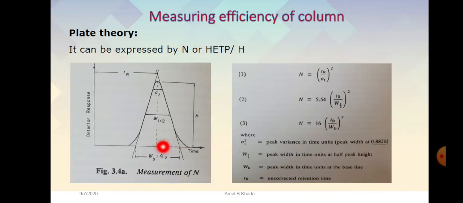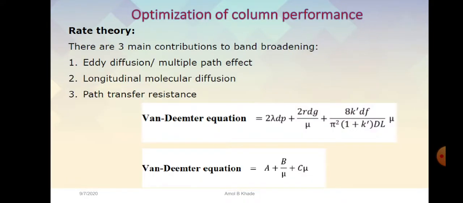So WB is this particular width. 16 again is a constant, times retention time divided by WB, squared. In most question papers the third equation is used because the peak width at the baseline is given. In some cases the peak width at half of the peak height is given, so that formula can be used, and using these formulas we can find out the column efficiency.